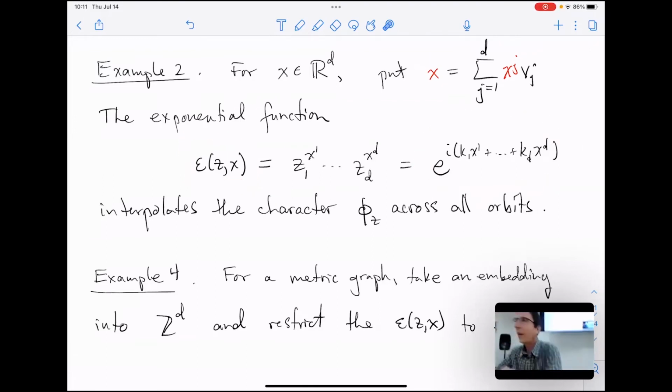Now, if I just take the integer lattice, if I have an exponential on the integer lattice, I can interpolate that into R^d just by a formula. And you can take that to be your kind of distinguished pseudoperiodic function.